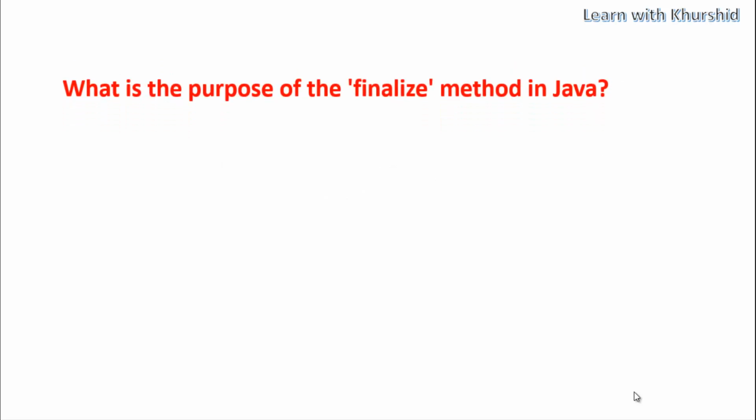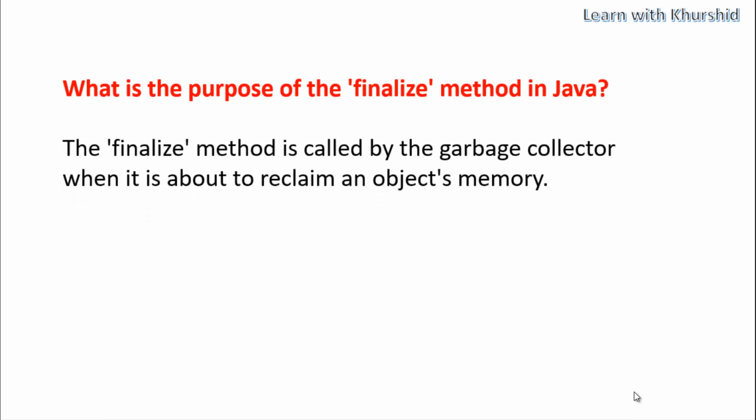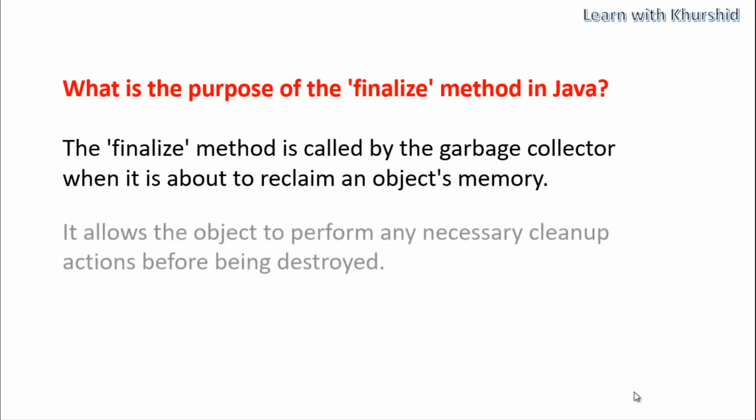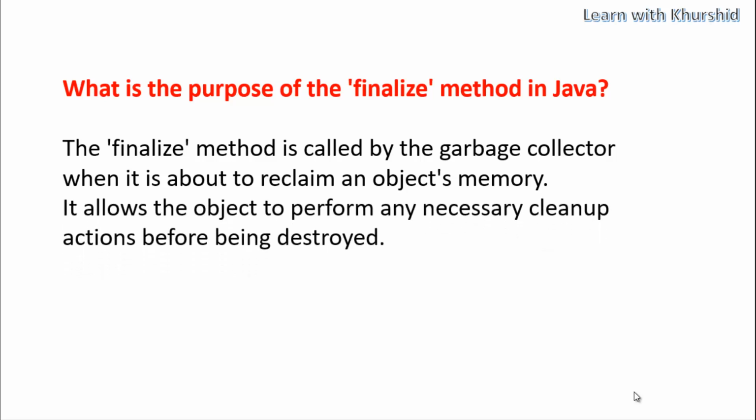What is the purpose of the finalize method in Java? The finalize method is called by the garbage collector when it is about to reclaim an object's memory. It allows the object to perform any necessary cleanup actions before being destroyed.